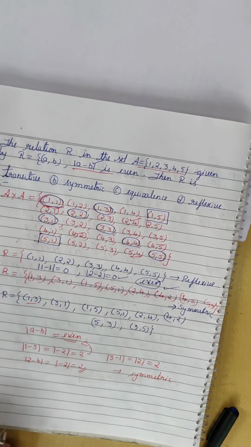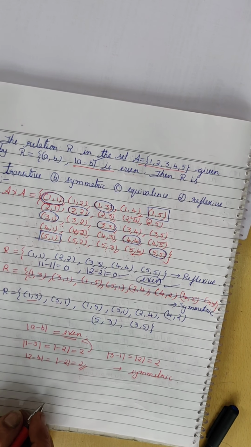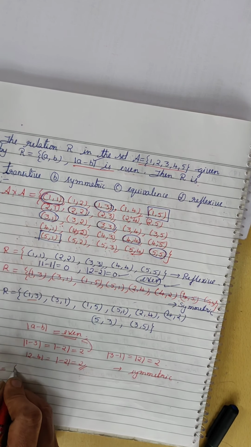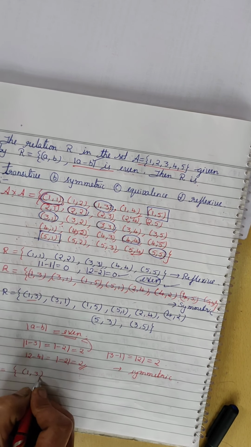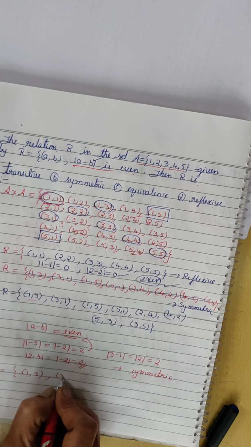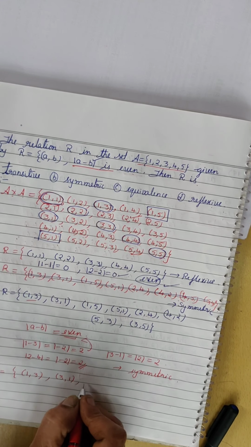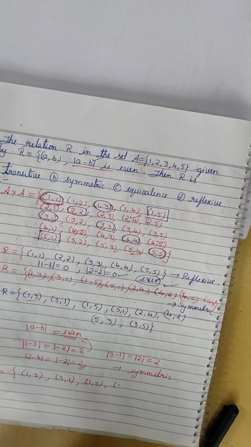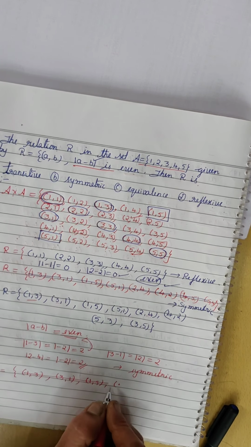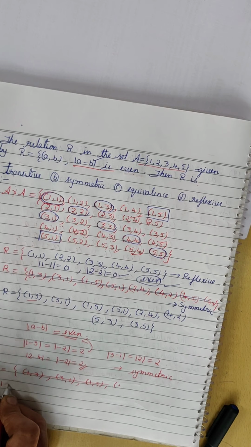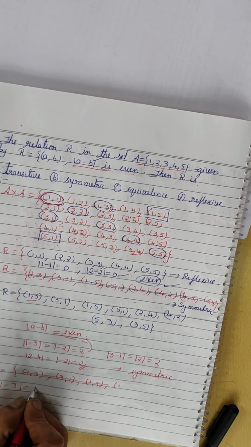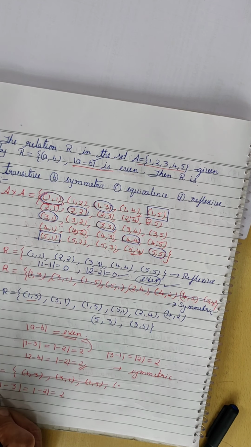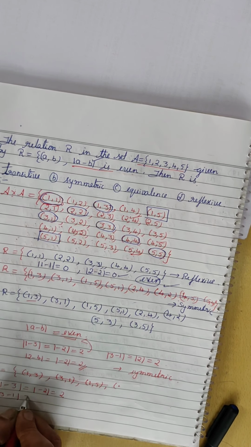Now let us take a look at the transitivity of this relation. R is equal to (1, 3), (3, 1), (1, 5). I'll take 1 minus 3, that is equal to minus 2, which is 2. And then we'll take 1 minus 3 here, that is equal to 2.